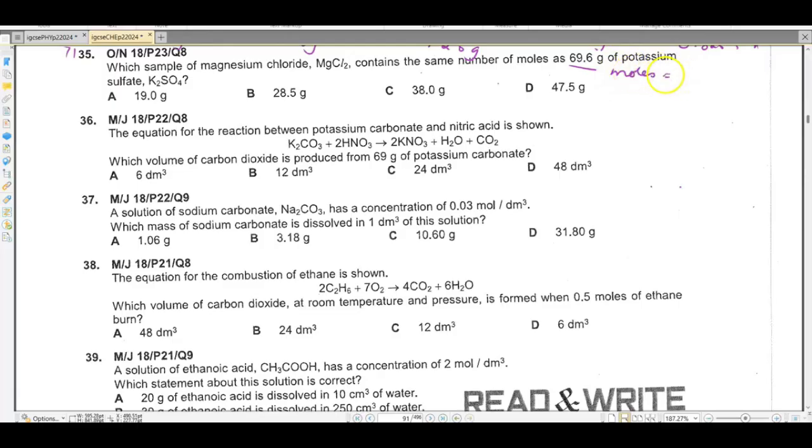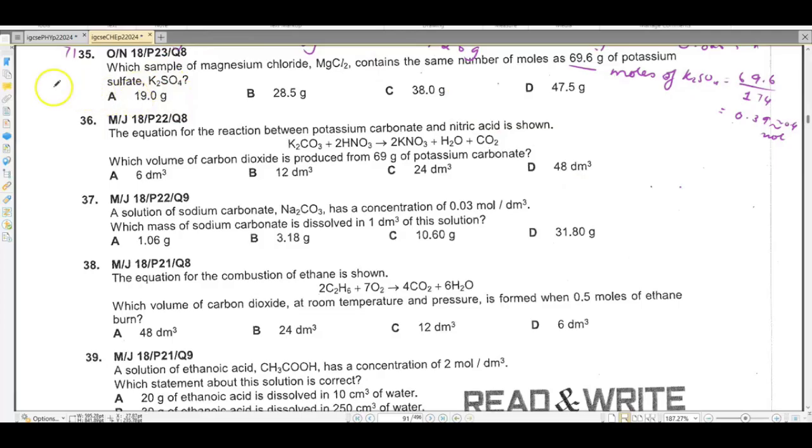Moles of K2SO4: mass is 69.6 grams and Mr for K2SO4 is 174. So this is going to give us 0.39 moles, yeah, 0.4 moles, whatever you like.